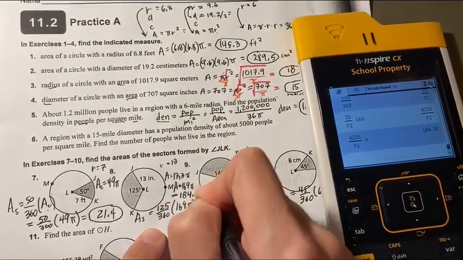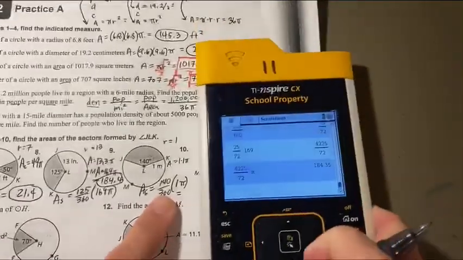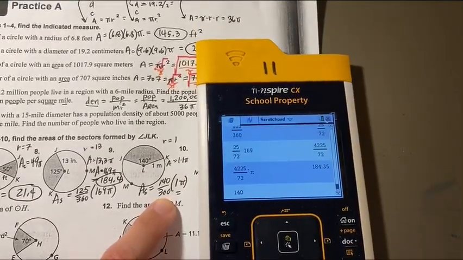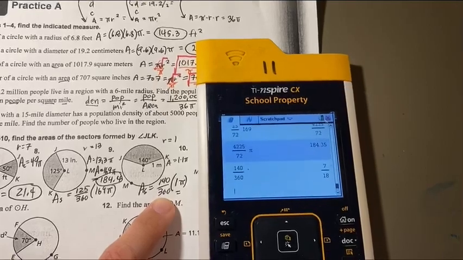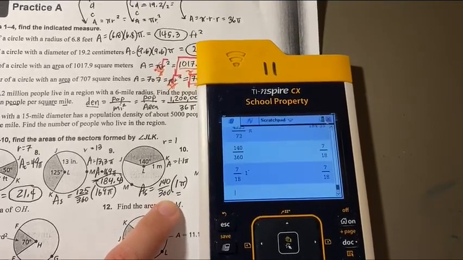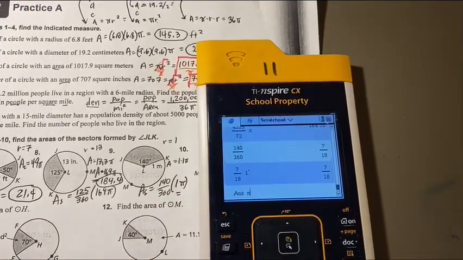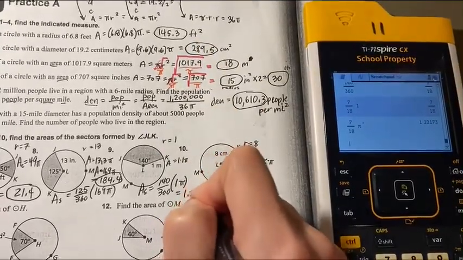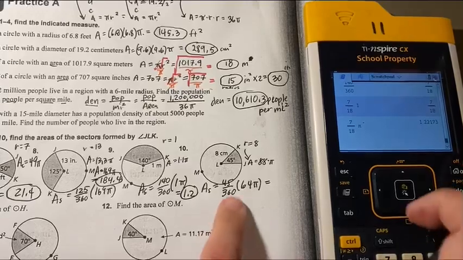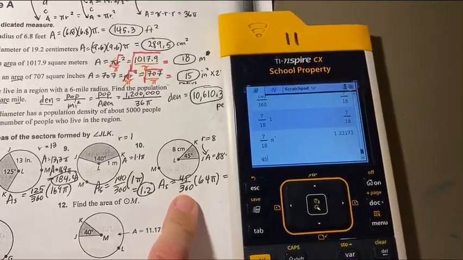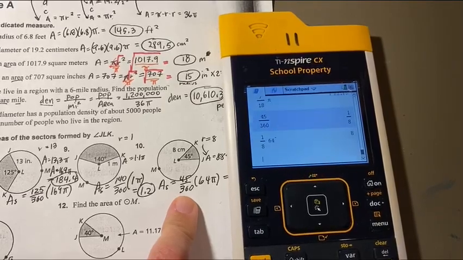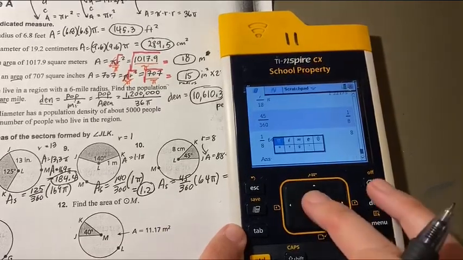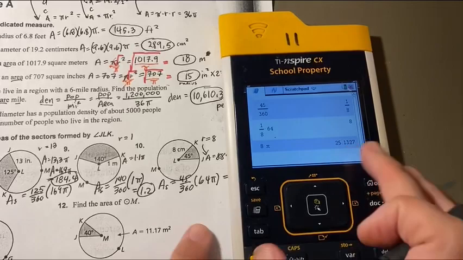Here we got 140 divided by 360, enter, times 1, enter, times pi, enter, 1.2. And this last one, 45 divided by 360, enter, times 64, enter, times pi, enter, 25.1.